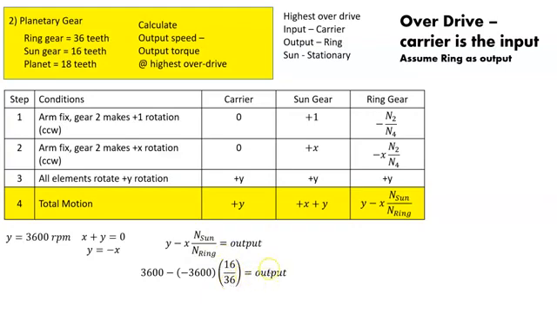That's going to be the value of the output, and that works out to 5200 RPM, which is what we should expect in an overdrive condition with the carrier as the input.